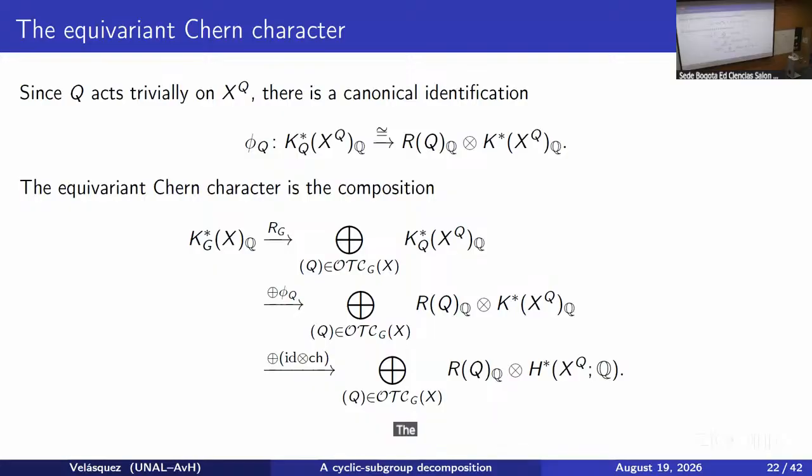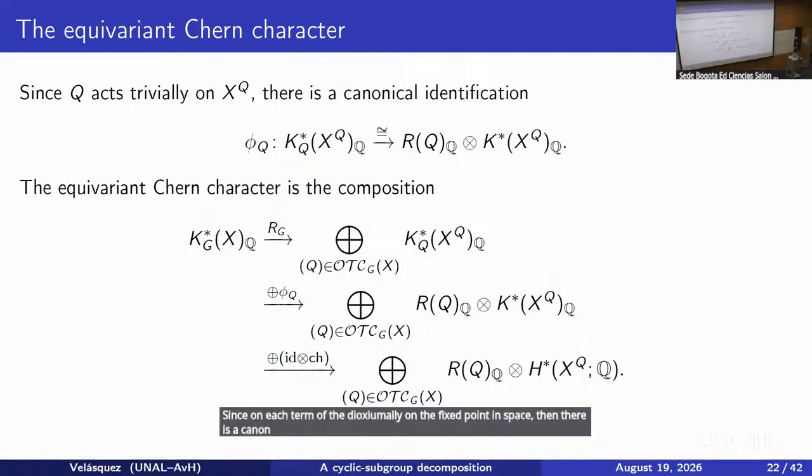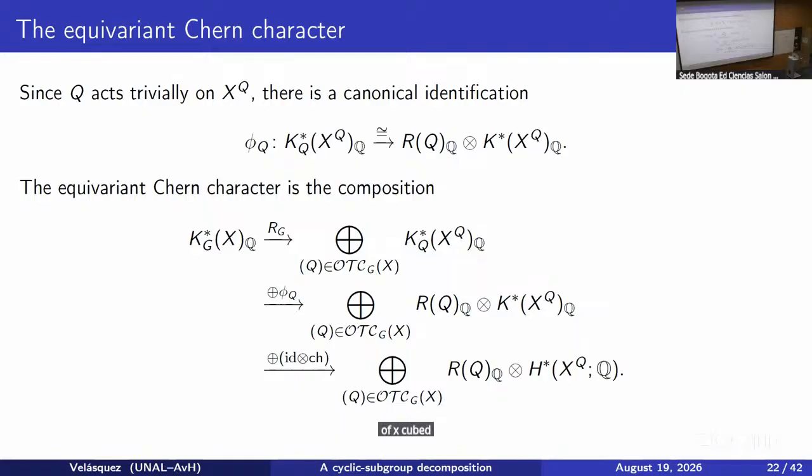Then, how, using this decomposition, do we define an equivariant character? Since on each term of the direct sum, Q acts trivially on the fixed point space, there is a canonical identification between the Q-equivariant K-theory of X^Q with the representation ring of the group Q tensor with the K-theory of the fixed points.